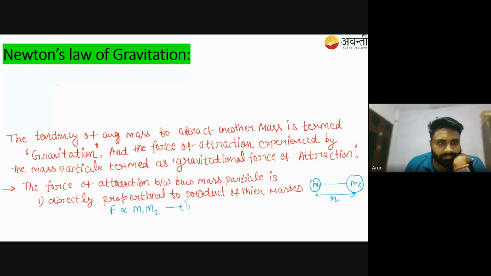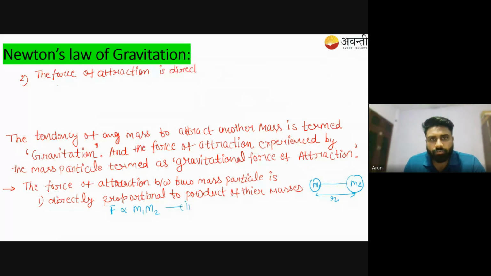The second statement is the force of attraction is directly proportional to the square of the distance between them.